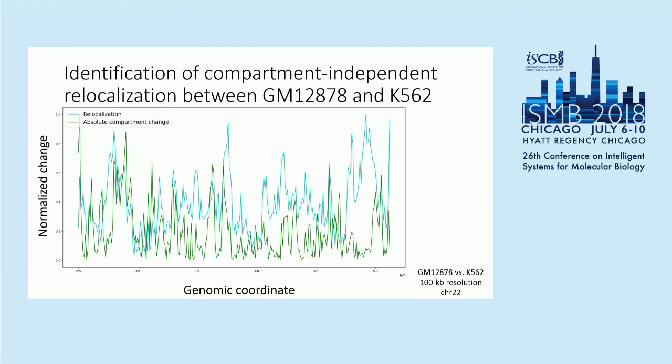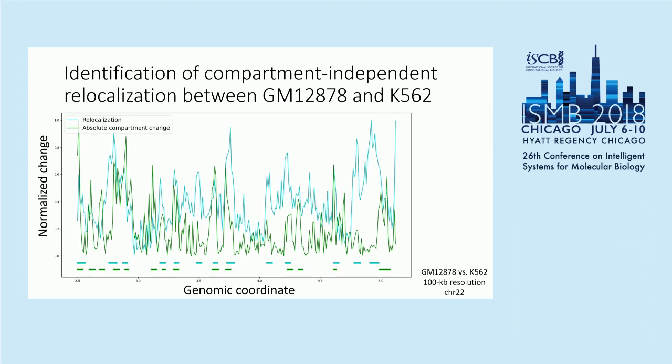However, compartment changes have been pretty well explored already, so I wanted to explore changes that are occurring independent of compartment changes. So here I'm showing a single chromosome, chromosome 22, and along the x-axis is genomic coordinates, and in blue I'm showing the degree of relocalization at each locus, and in green I'm showing the absolute compartment score change.